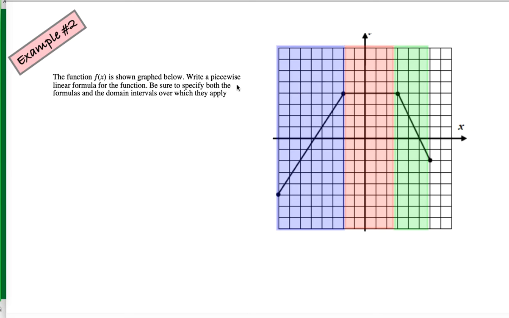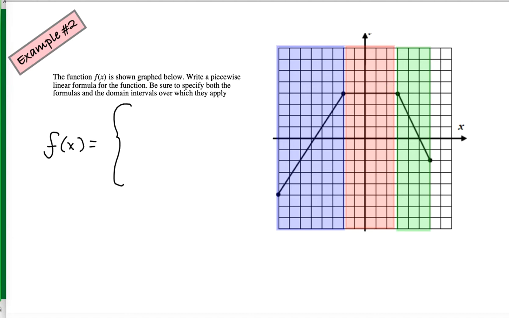So now we have the picture, and we want to get the graph of this piecewise function. Notice I have it divided into, as best as I could, 3 sections of blue, red, and green. First off, a function is a y equals, so f of x equals, and then we put our big bracket, because there are going to be 3 equations here, because there are 3 separate colors.